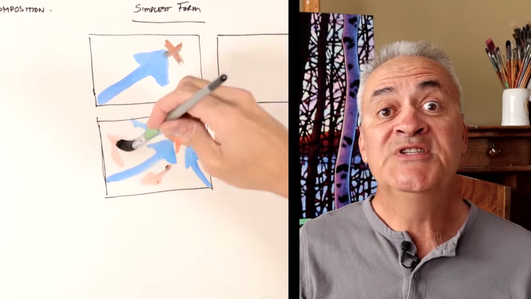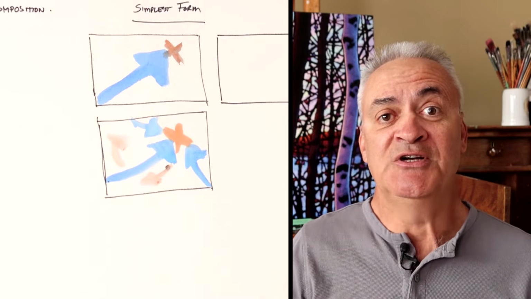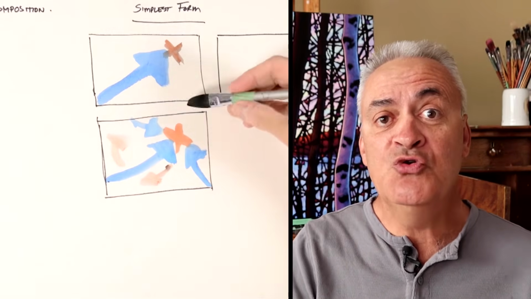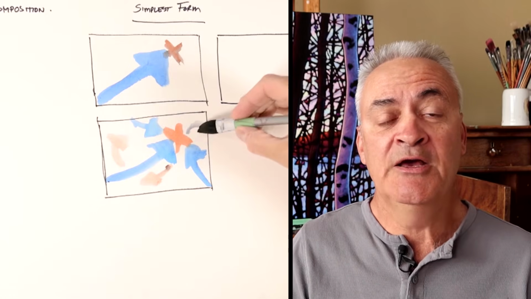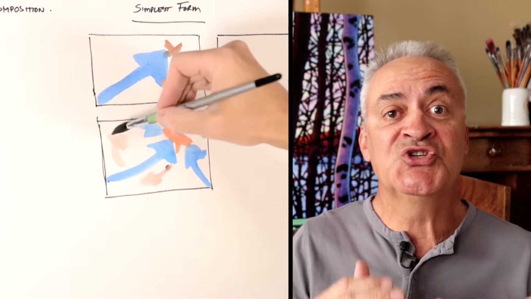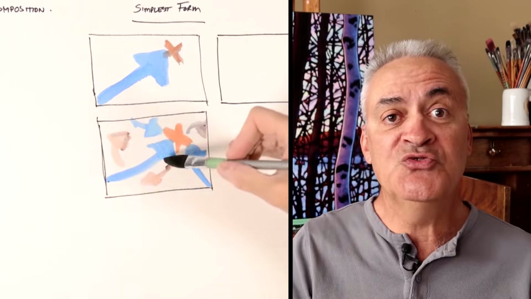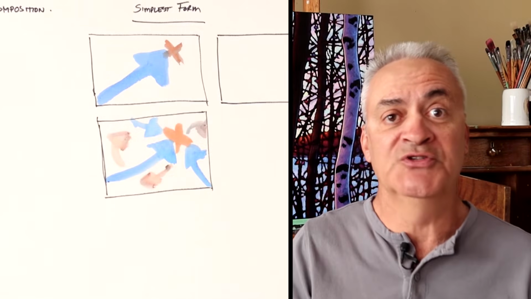And if we do all this properly, that will really engage the viewer. You see, certain types of marks are directional, and we can use those to move the viewer's eye wherever we like. And other types of marks stop the viewer's eye, and we can use that to draw and hold the viewer's attention. And that's why arrows are on highway signs telling us where to go, and that's why X marks the spot on a pirate map.